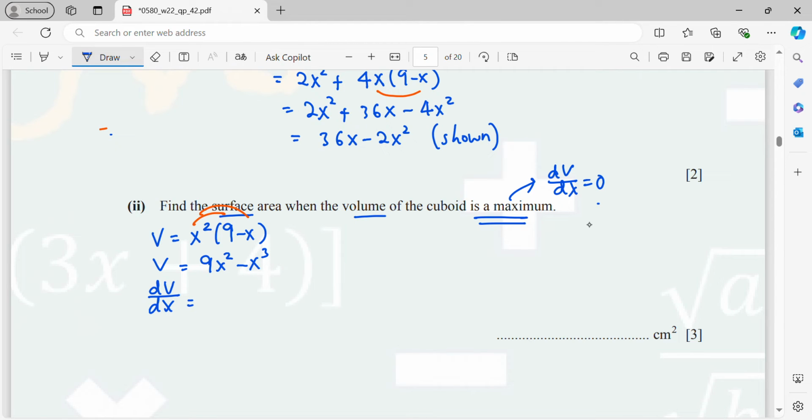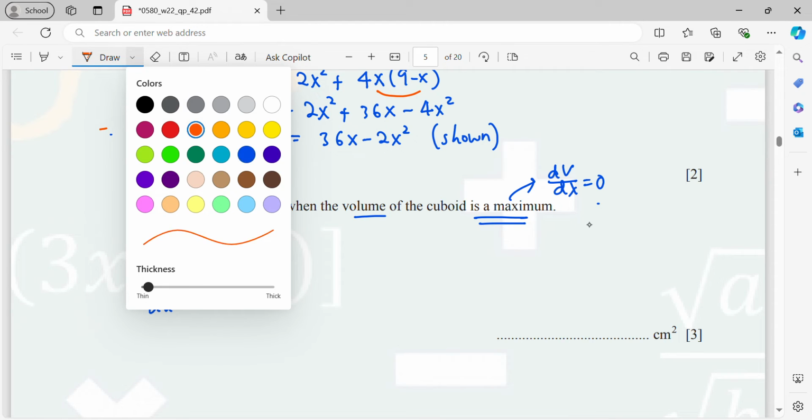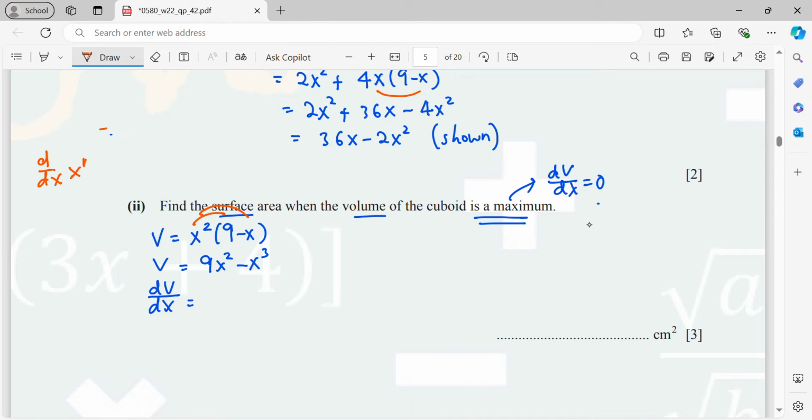We have this formula: differentiate ax to the power n. The a you can take out or factorize, then you just need to differentiate x to the power n. When you differentiate x to the power n, bring down the n, then x to the power n minus 1. That's why here I just directly move down, so it becomes 18x, then minus 3x squared.